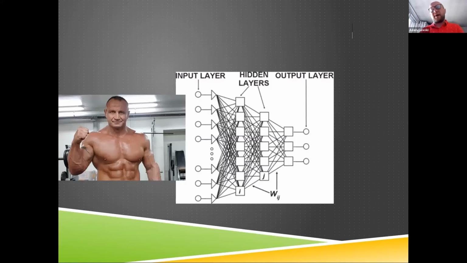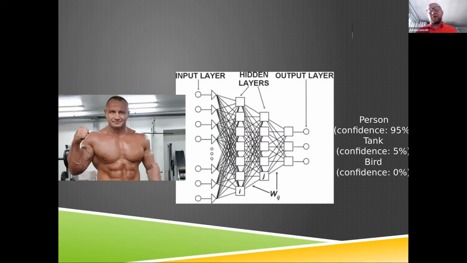Then we do some additions, multiplications, and get it into the next layer. More additions, more multiplications, and then another layer, and so on, until we get to the output, where ideally we would like to get the answer that Pujan is a person with 95% confidence. And then we can have other answers like it's a tank with 5% confidence, it's a bird with 0% confidence.